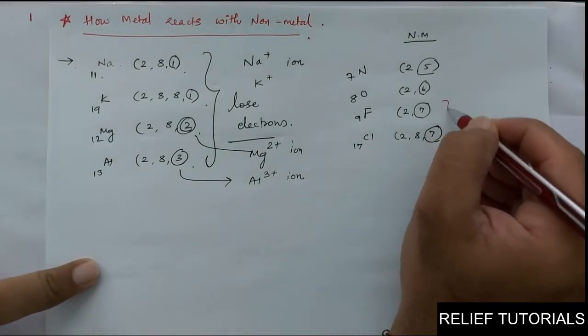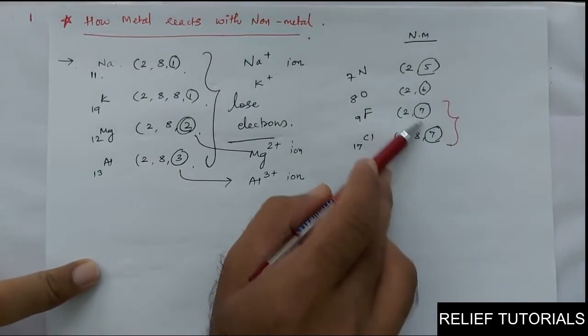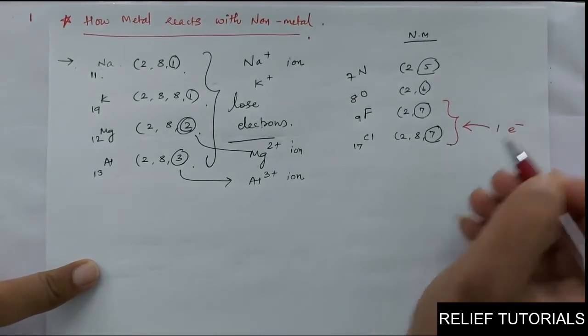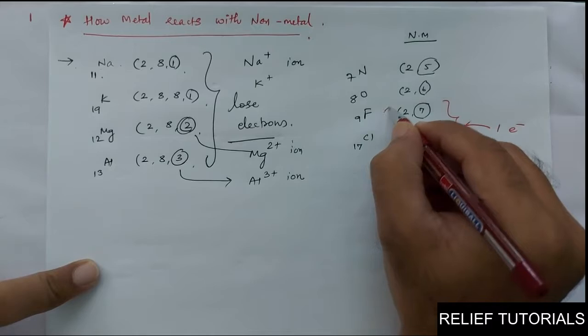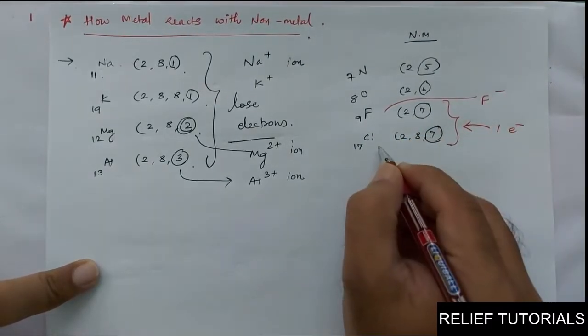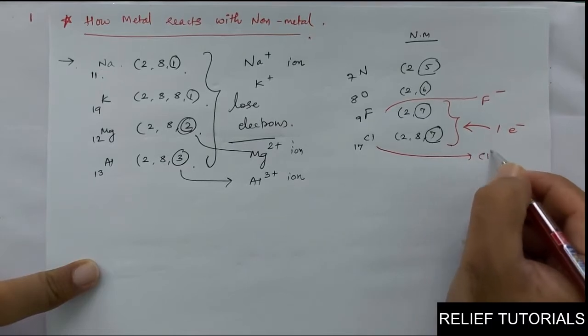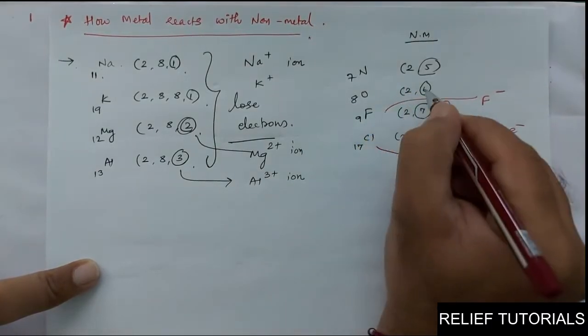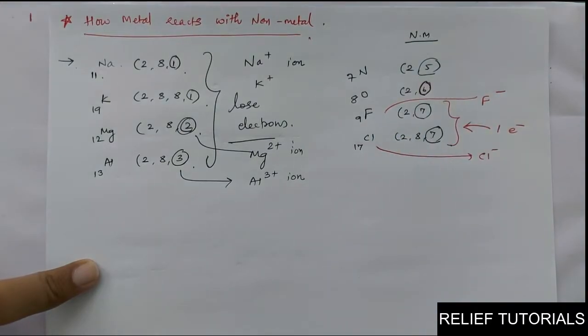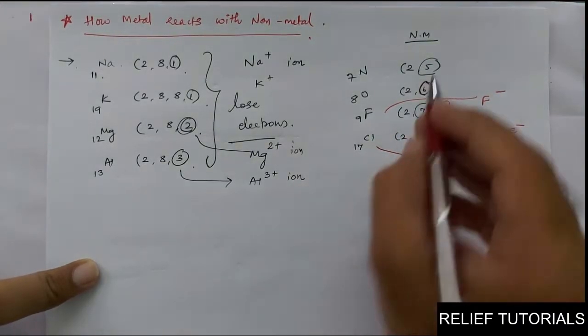The atoms which possess 7 electrons in their outermost orbit have a tendency to gain 1 electron, and once it gains 1 electron, it forms F- fluoride ion. This forms Cl- chloride ion. If oxygen has 6 electrons in the outermost orbit, it has a tendency to gain 2 electrons.